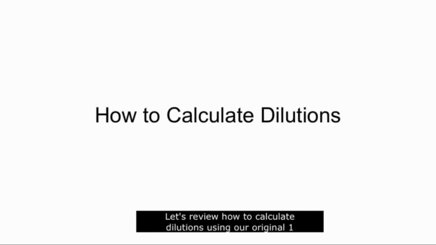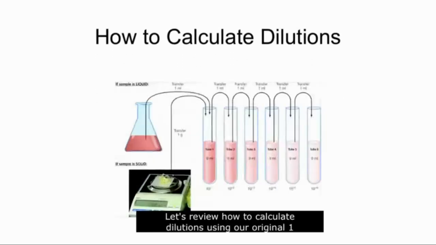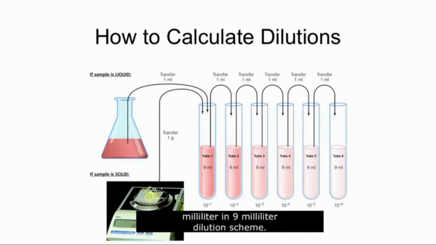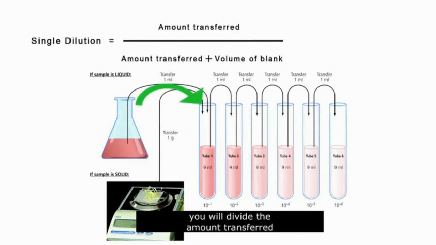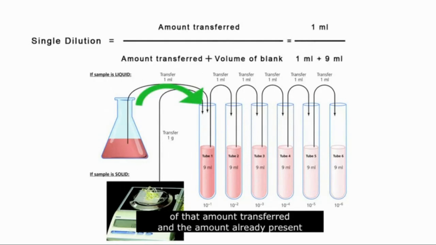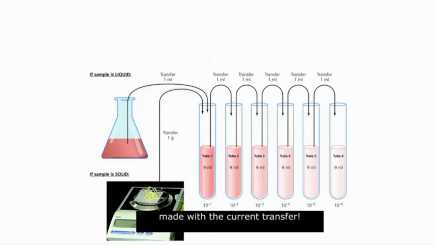Let's review how to calculate dilutions using our original 1 milliliter in 9 milliliter dilution scheme. For any single dilution, you will divide the amount transferred by the new total volume of that tube, the sum of that amount transferred and the amount already present in the dilution blank. Don't forget, a single dilution is only the dilution you've just made with the current transfer.